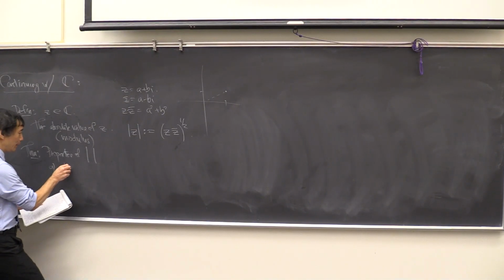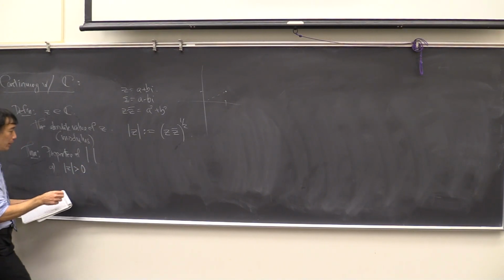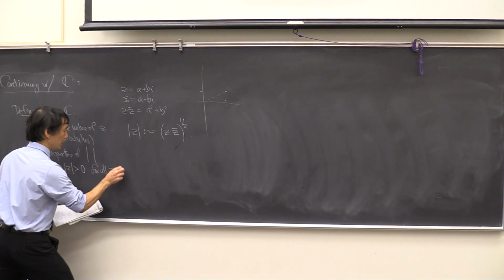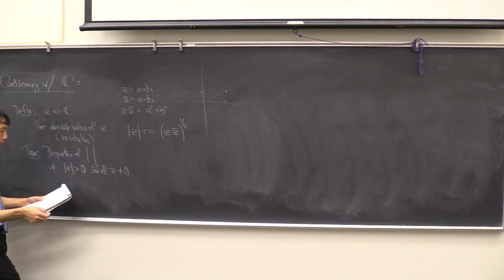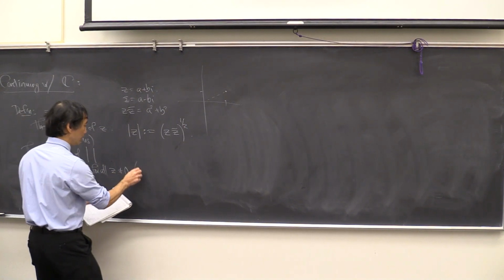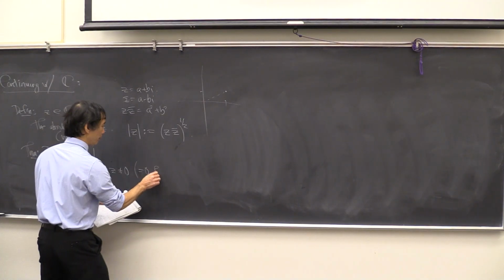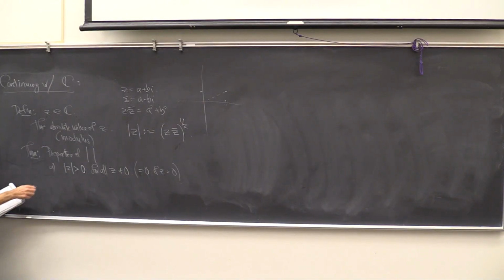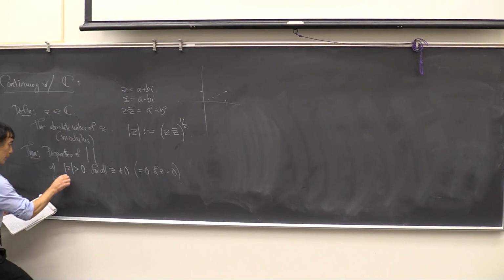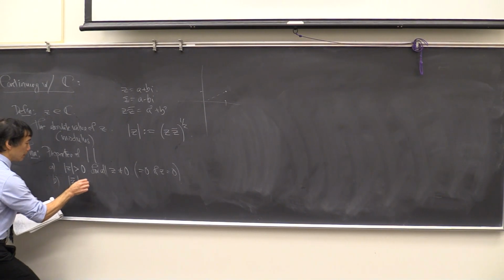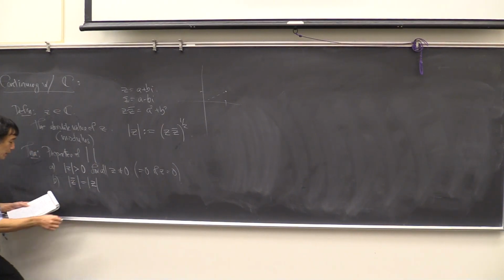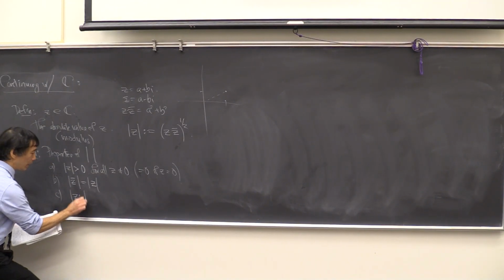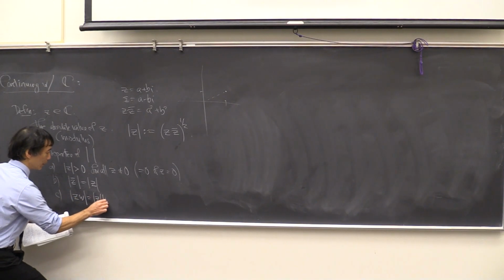Properties of the absolute value. It's bigger than 0 for all z not 0, and of course it equals 0 if z is 0. As you might expect, the modulus of the complex conjugate is the same thing as the modulus of the original. The modulus of the product is the same thing as the product of the moduli.